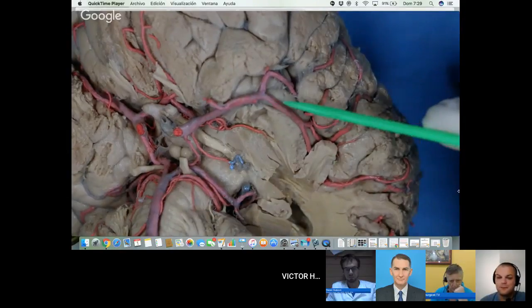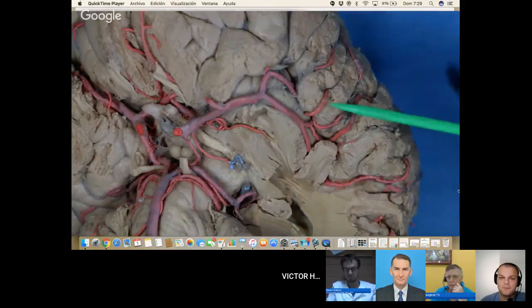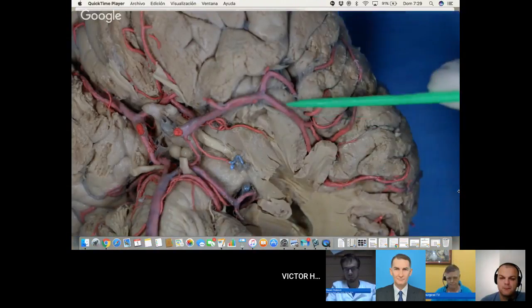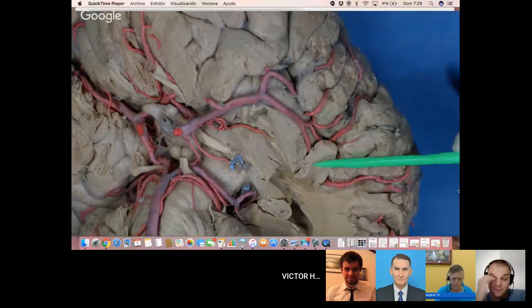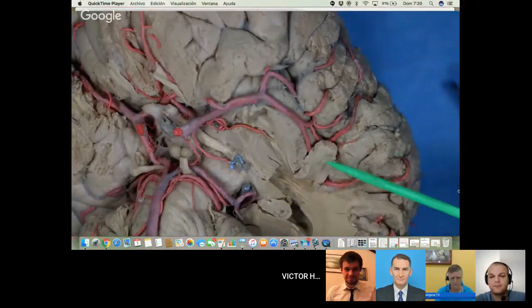This is known as M1, M2, and M3: opercular segment, sphenoidal, insular segment. And this is the sphenoidal segment, M1, M2, M3, opercular segment.